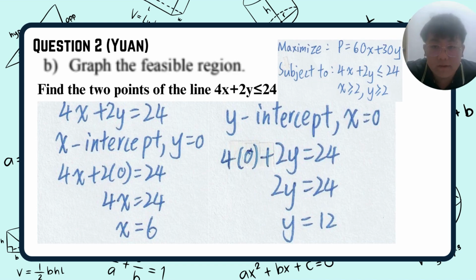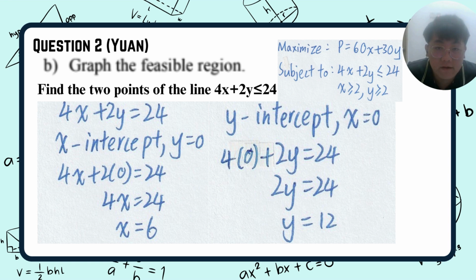Question B is to graph the feasible region. We can first find 2 points of the line 4x plus 2y equal to 24. We find the x-intercept by setting y equal to 0, so 4x plus 2 multiplied by 0 equals 24. After calculating, we get x equal to 6 when y equal to 0.